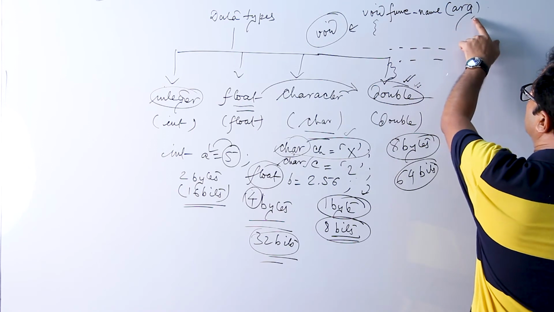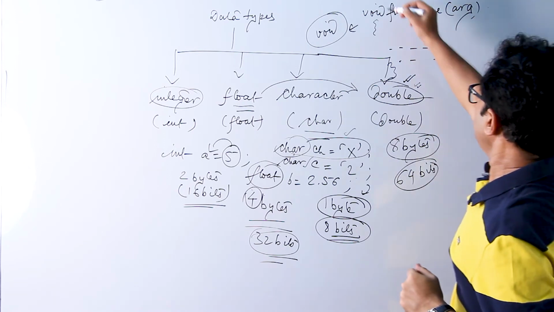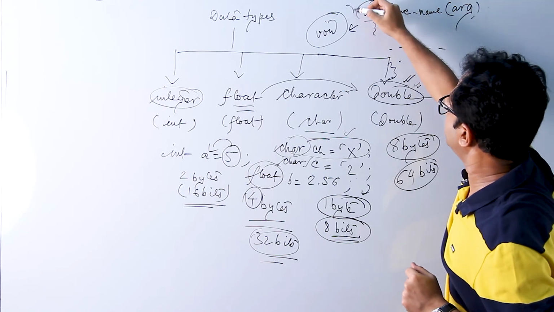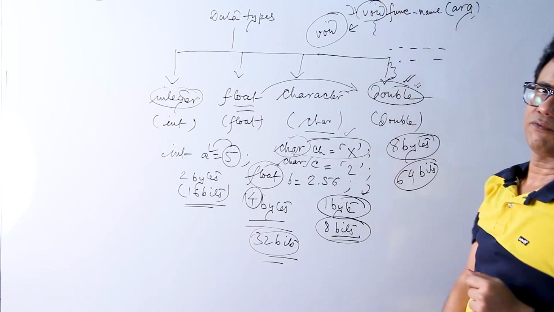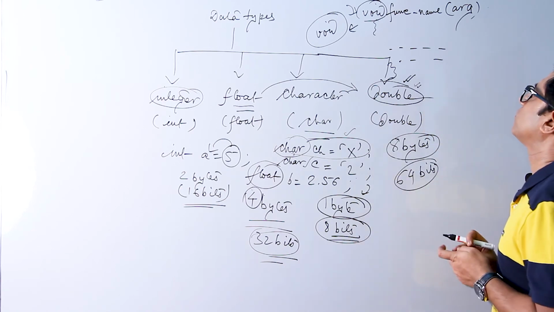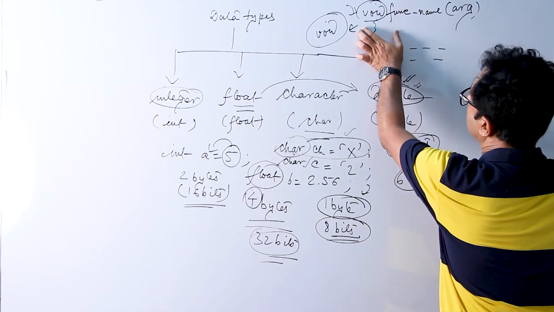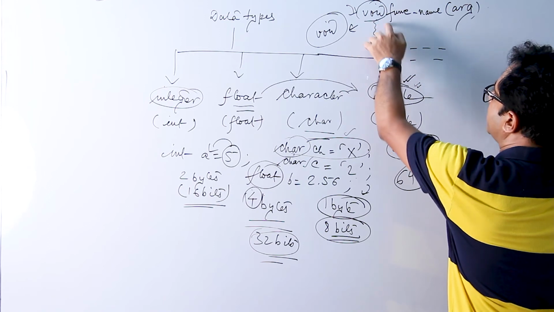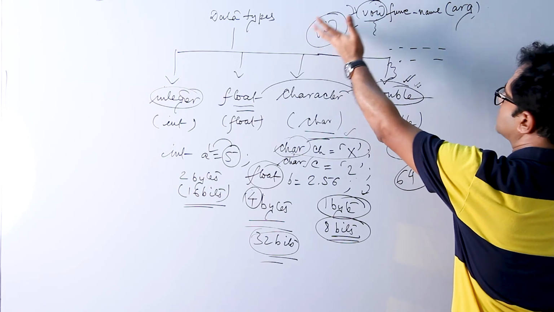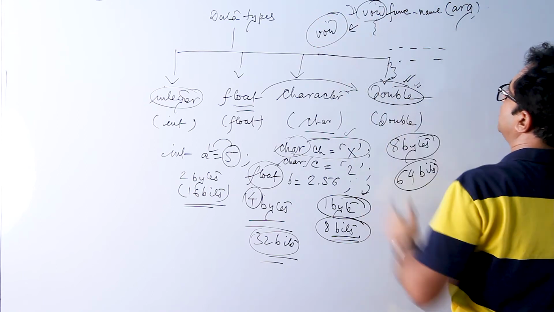Why have we written this void? Because there should be a return type in any function definition. So if nothing is to be returned from the function, then we write void in the return type section. That is, the data type to be returned is taken to be a void data type.